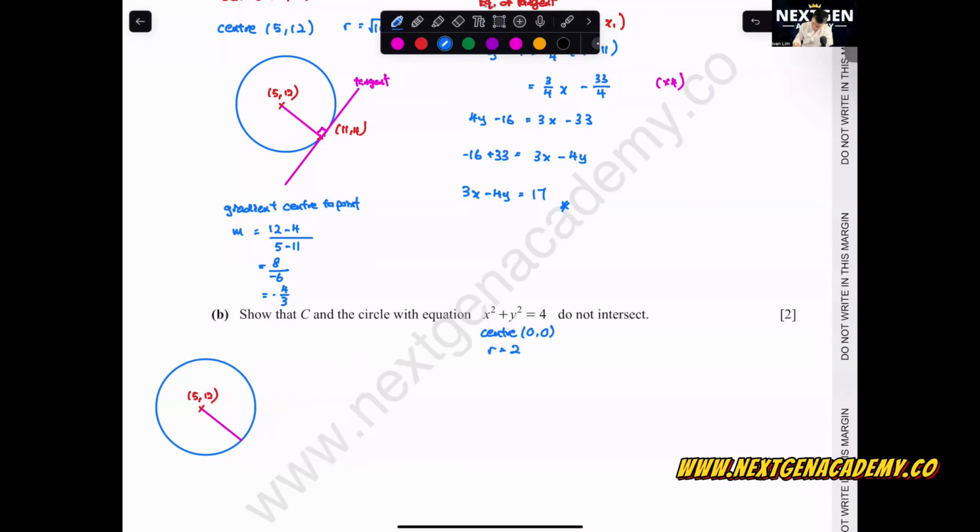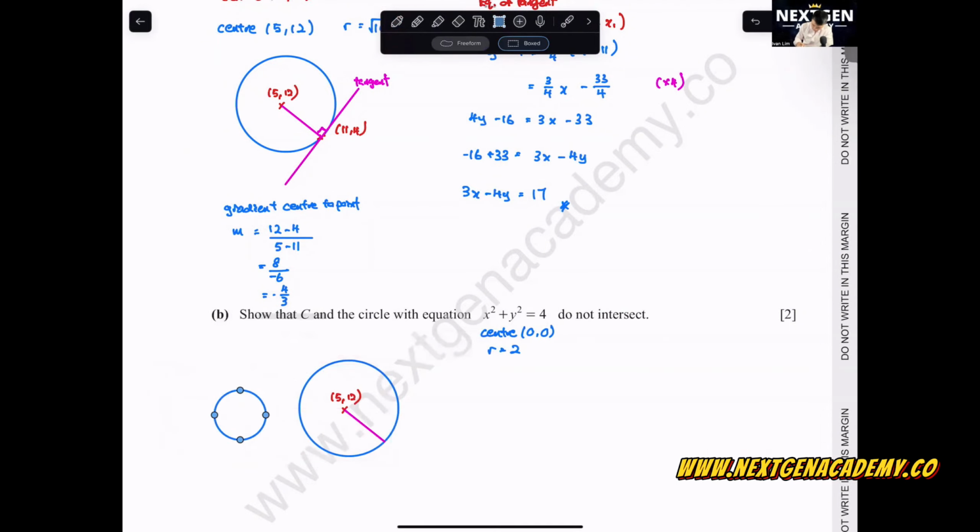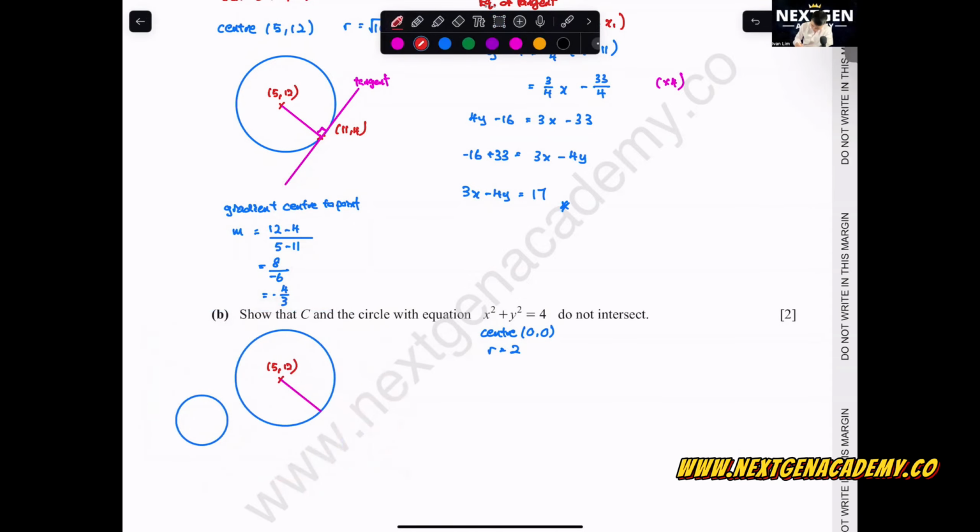They say we want to show that it does not intersect. How do we show this? This is actually one of the examples in your textbook also. Sorry, (0, 0) should be at the bottom, the other way around. Like this. How do we prove that they do not intersect with each other? You all remember this part?